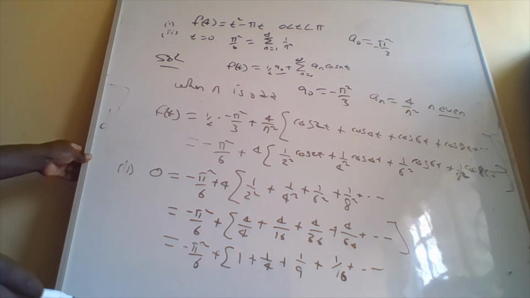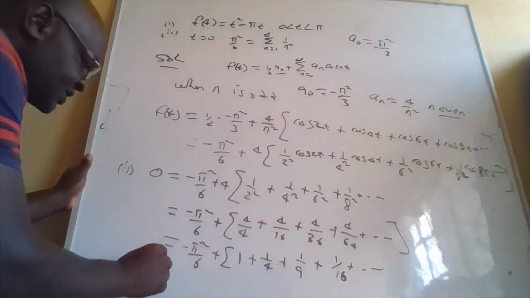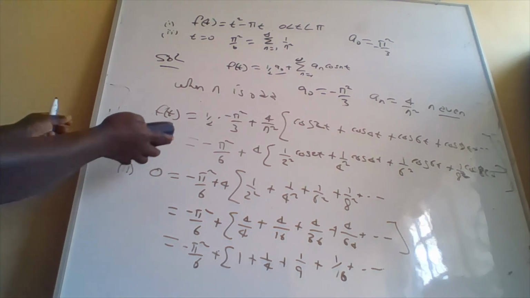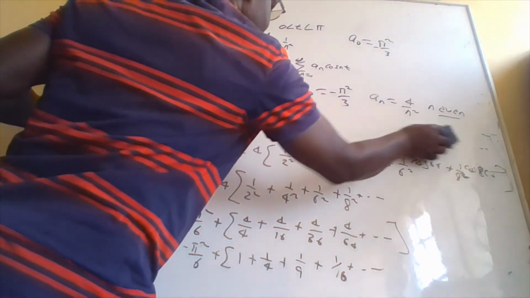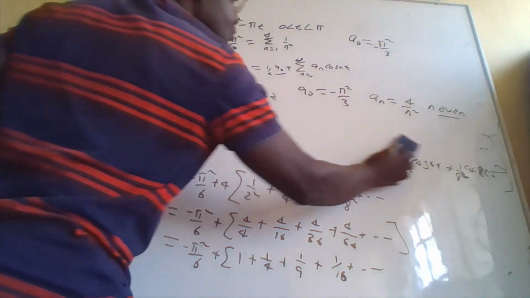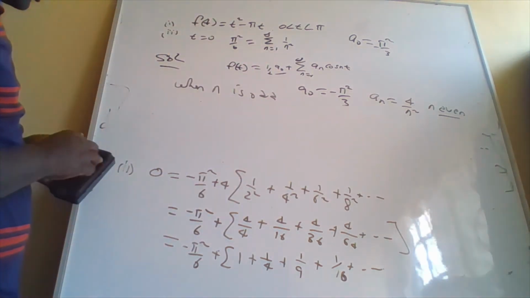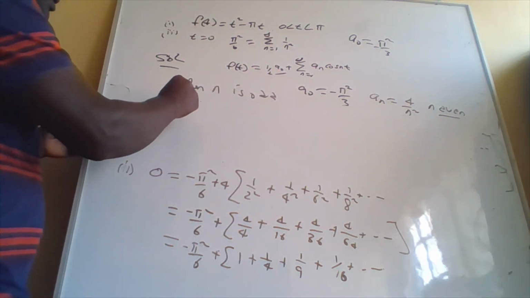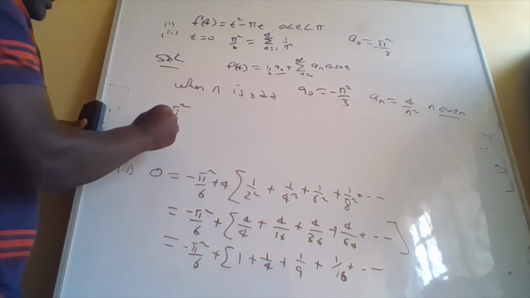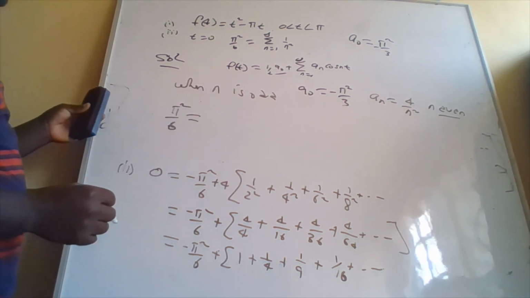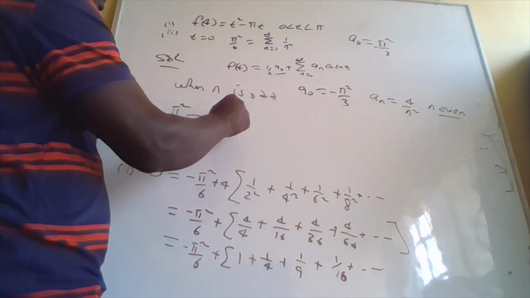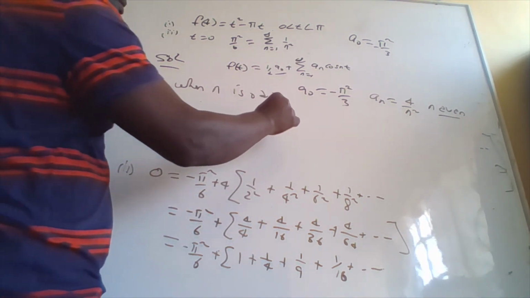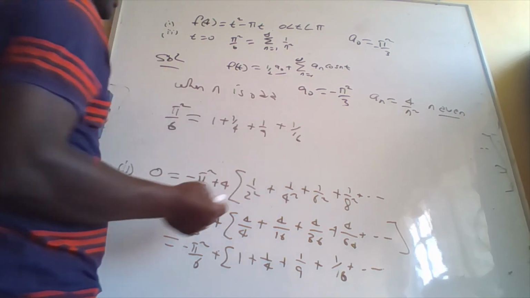So this is the same as when this comes on this side, it will be pi squared all over 6 equal to, now we have 1 plus 1 over 4 plus 1 over 9 plus 1 over 16.